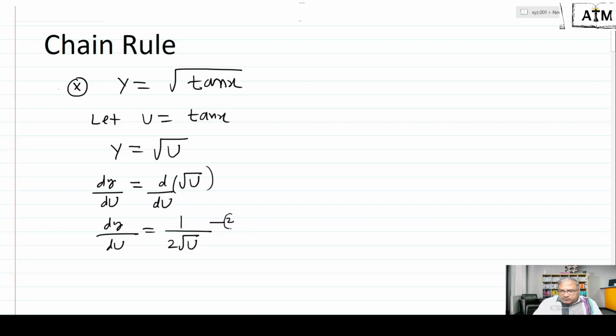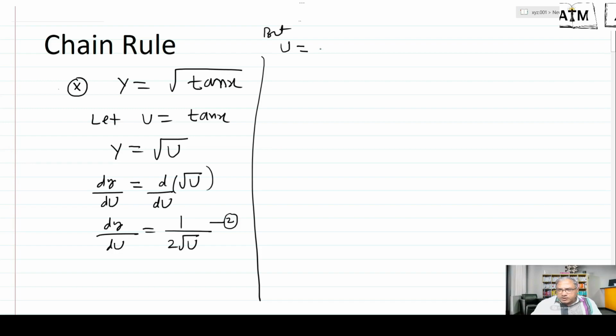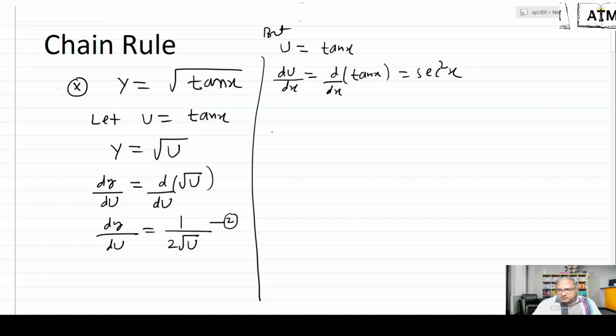Here I am doing it a little fast and skipping some steps, I hope you are getting through. But u equals tan x, differentiating both sides with respect to x, du by dx, that is the derivative of tan x with respect to x, equals sec square x.